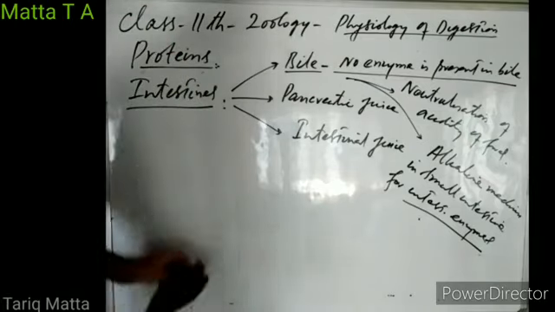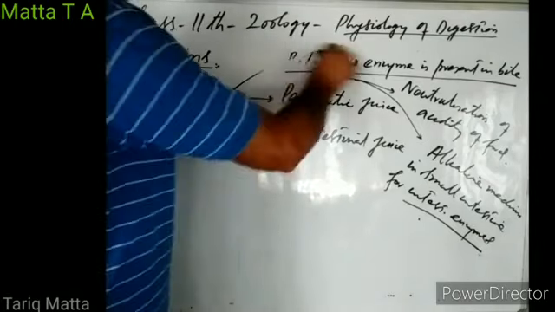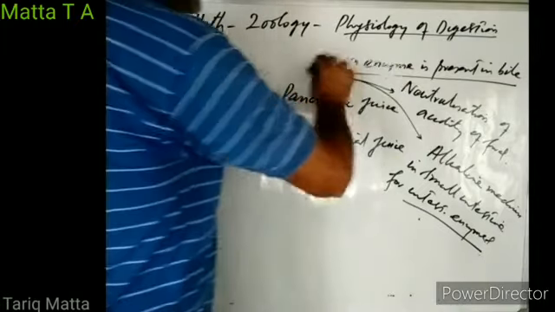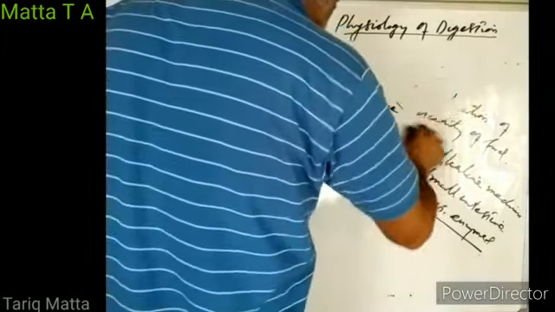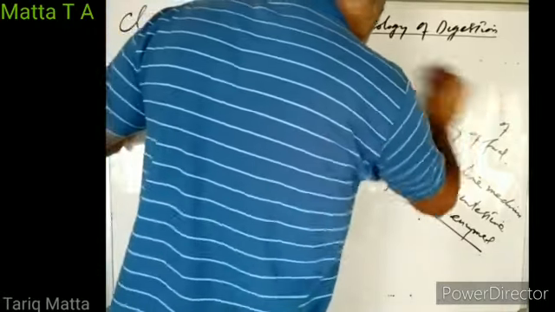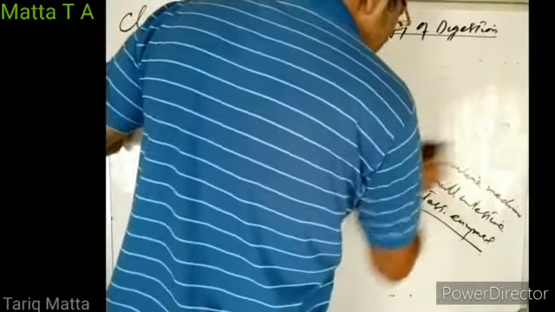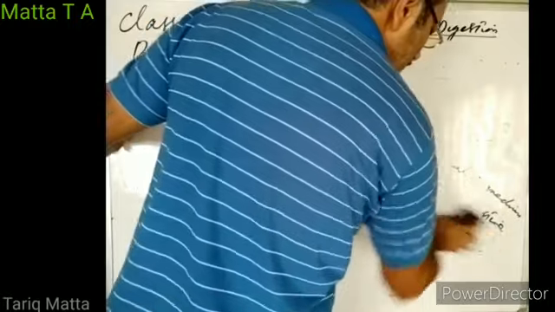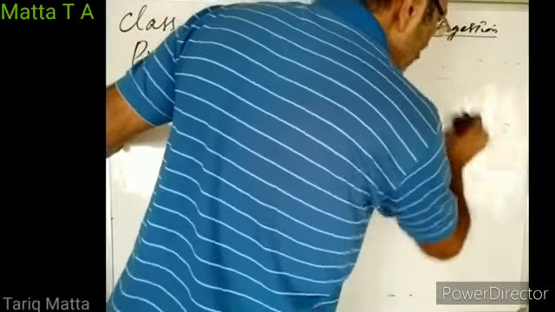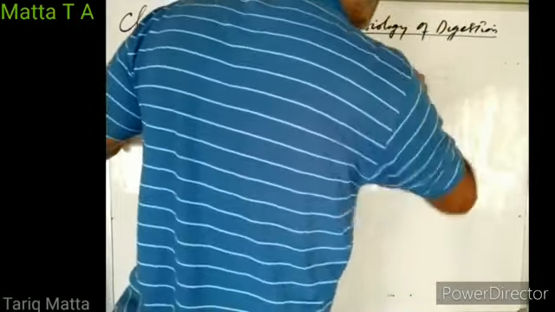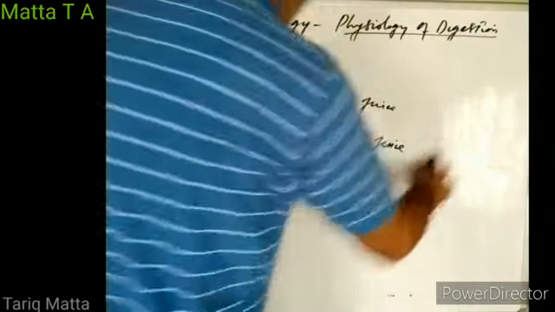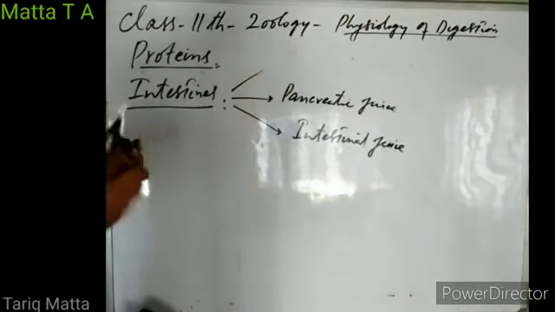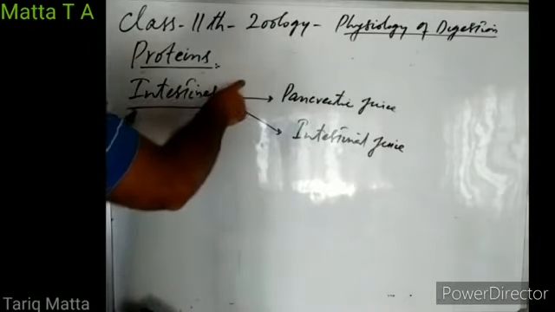So leaving the bile aside now, in the intestine we have got pancreatic juice and intestinal juice. Now we will see first which protein digesting enzymes are present in pancreatic juice, and which are present in intestinal juice, right? In pancreatic juice, there are some protein digesting enzymes present.